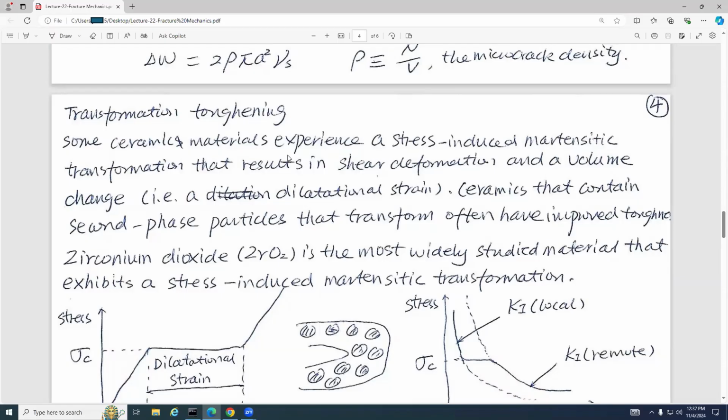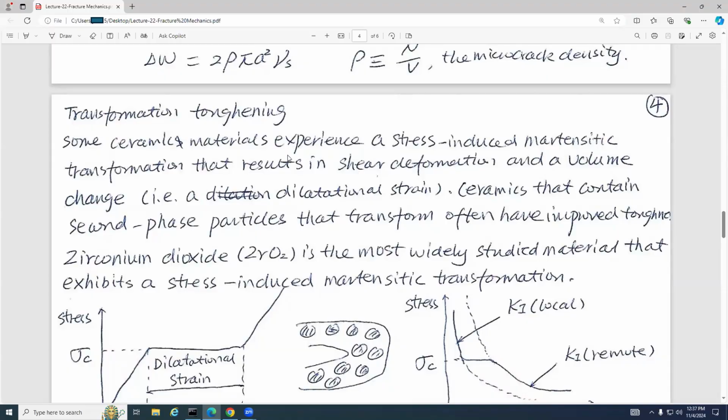Martensite is a unique microstructure or nanostructure, and it occurs when the cooling rate is very high. If the cooling rate is very high, the atoms do not have enough time to rearrange.